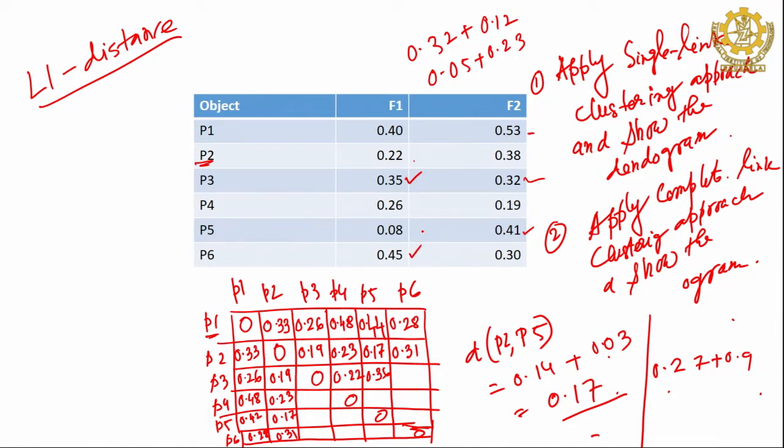P3 P6 is 0.10 plus 0.02, so 0.12, 0.22, 35, 0.12.